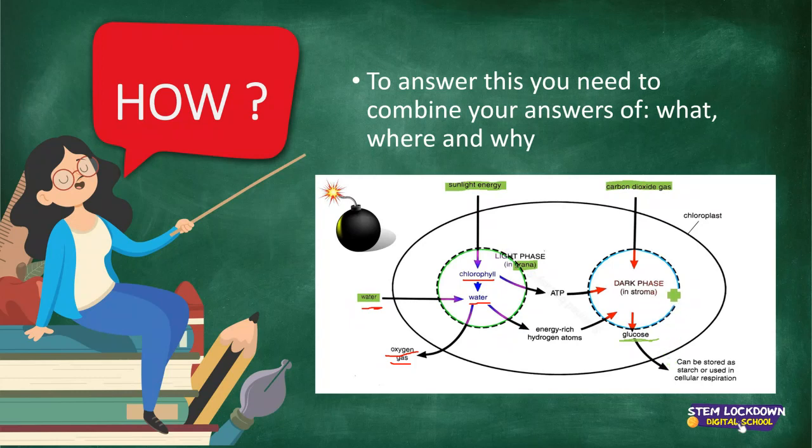And then the glucose, remember guys, on the previous slide, we spoke about a starch grain. So this glucose is stored as starch, or is used in cellular respiration. Like I said, in our lessons to come, we will deal with cellular respiration. So for now, don't worry yourself about cellular respiration.